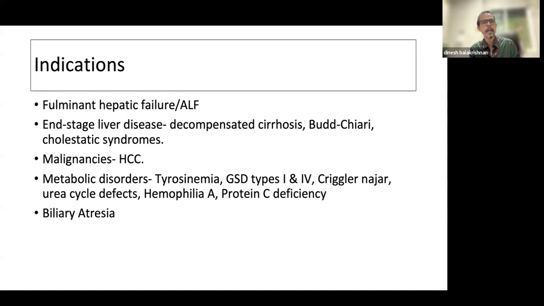You can also have metabolic disorders, especially in the pediatric population, various metabolic problems like aminoacidurias, tyrosinemias, glycogen storage, urea cycle defects. And one of the most common indications in the pediatric population is biliary atresia, whereby, embryologically, a newborn baby is born with an atretic biliary system leading to cholestatic jaundice.